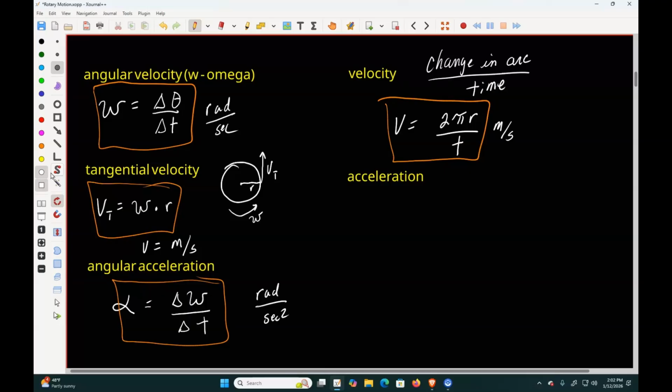We can also say that velocity is equal to the angular velocity times the radius.